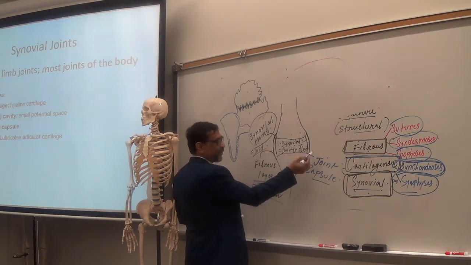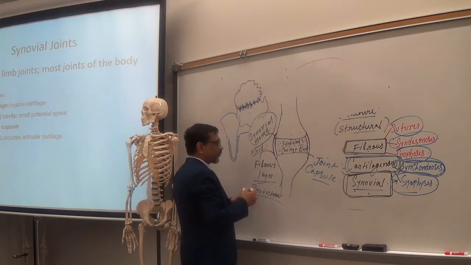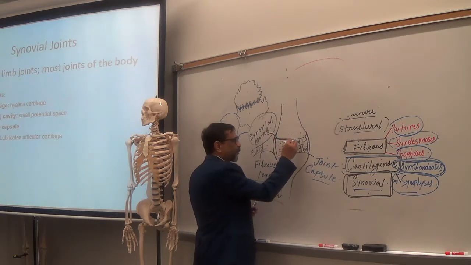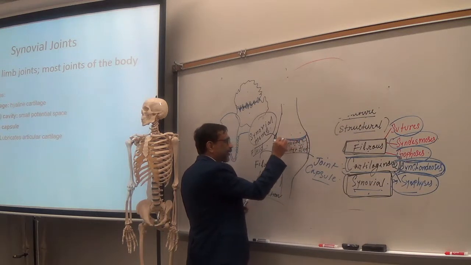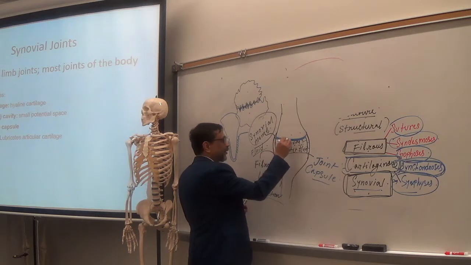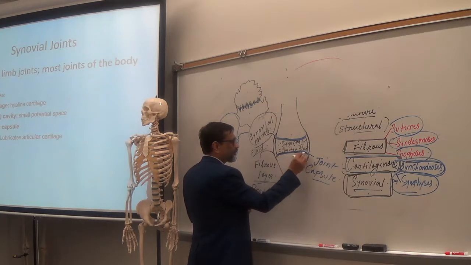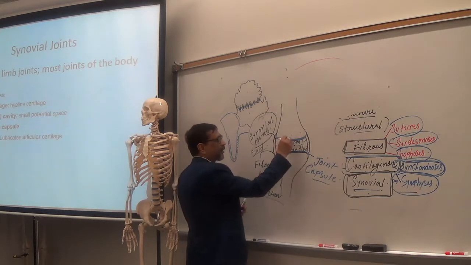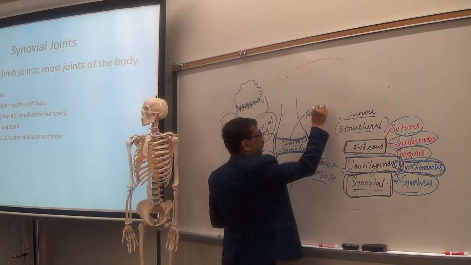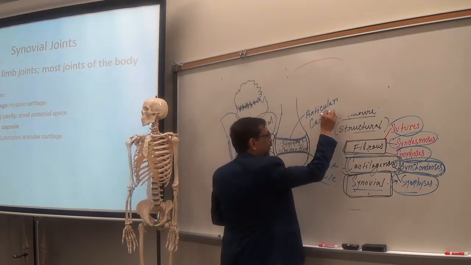You have the capsule which has 2 layers, and another thing is the end of the bones, that means the part of the bone inside the joint is covered by hyaline cartilage. So both ends are covered by hyaline cartilage, and that is called articular cartilage.